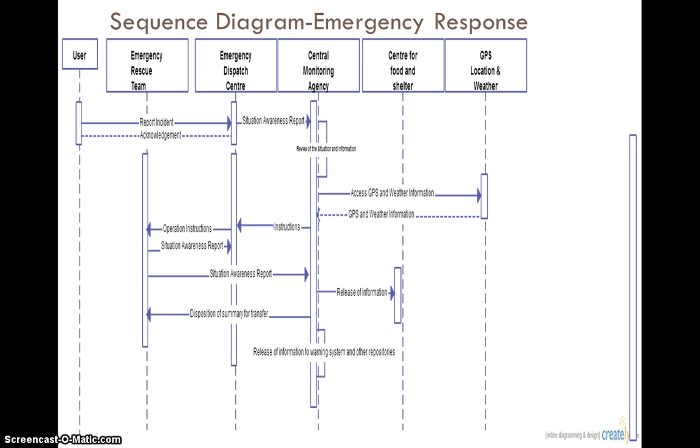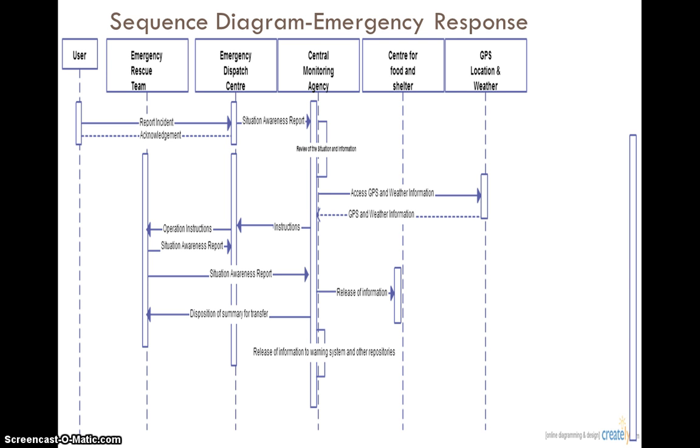Once the user input is received by the CMA, it validates the genuineness of the information, runs background checks on the information given by the user, and consolidates with all the departments. It then passes the instructions to the emergency dispatch center, and from there the operation instructions are passed on to the emergency rescue team.